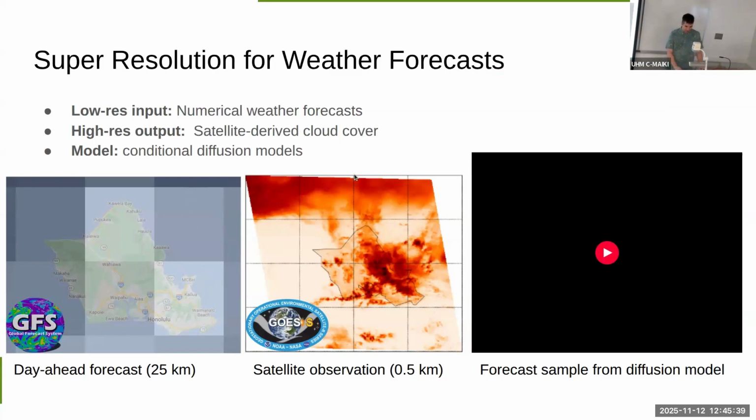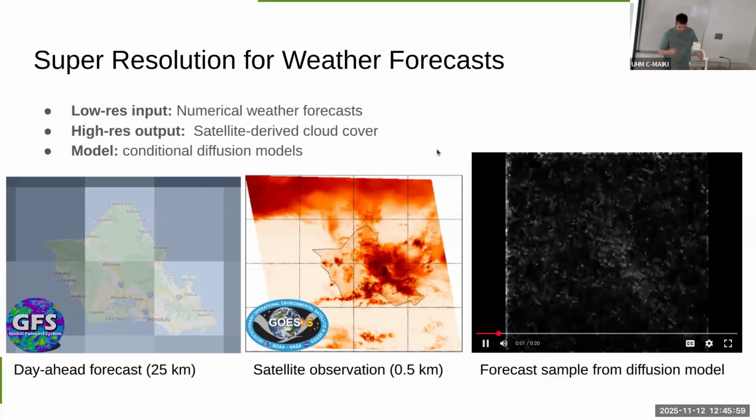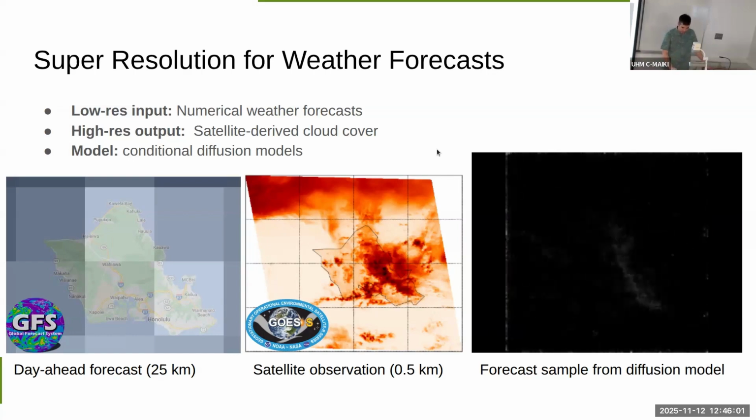So one of the things that we've been looking at is using these image generating AI models to do super resolution, going from these coarse weather forecasts to super high resolution satellite images. And again, this is all probabilistic, so you can generate thousands of samples.